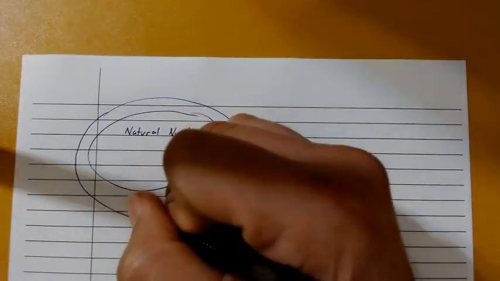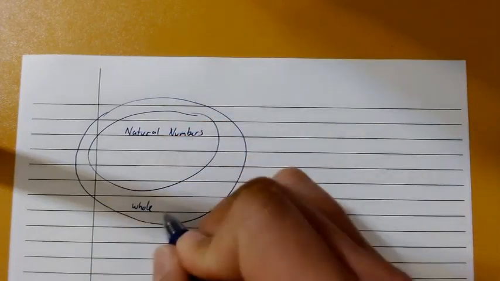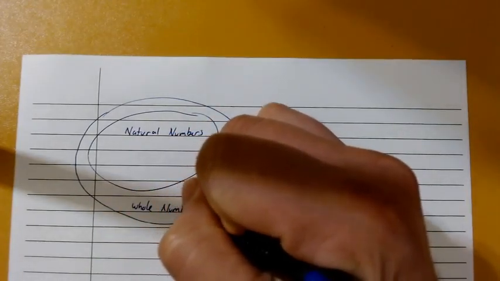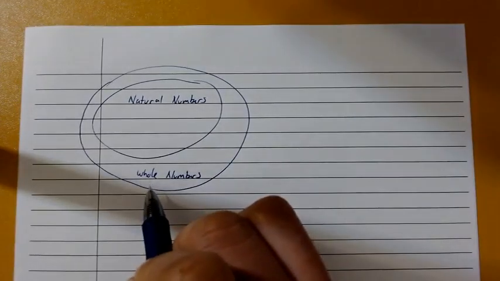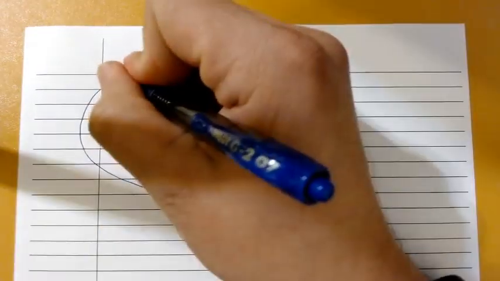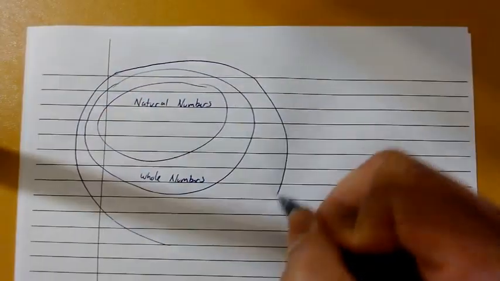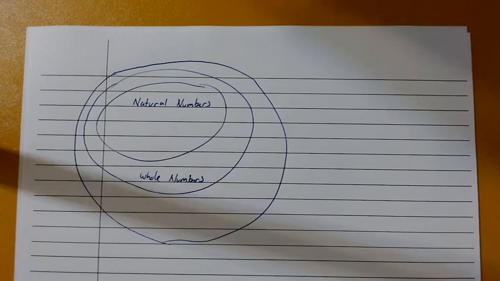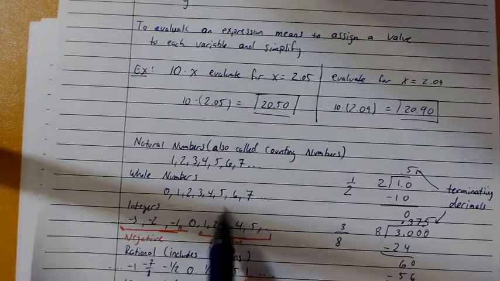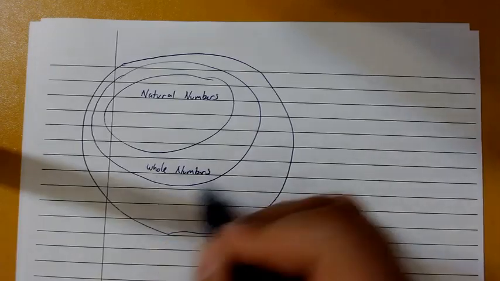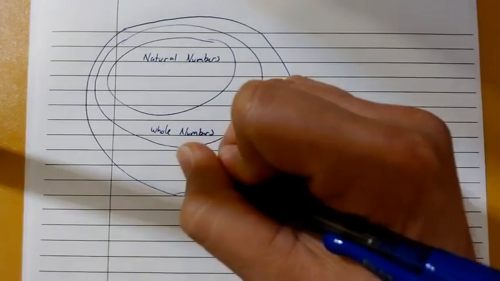But there are some whole numbers that are not natural numbers. But then, the whole numbers are inside the integers, because every whole number is an integer, but there are some integers that are not whole numbers.